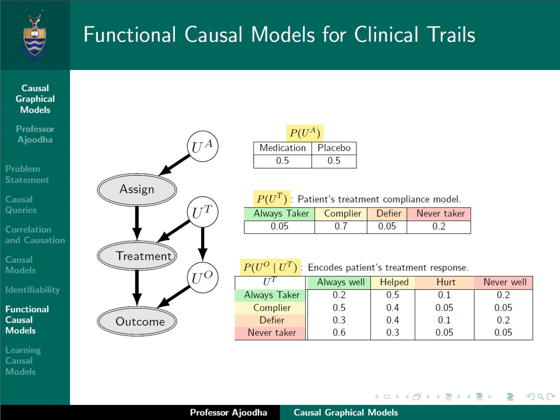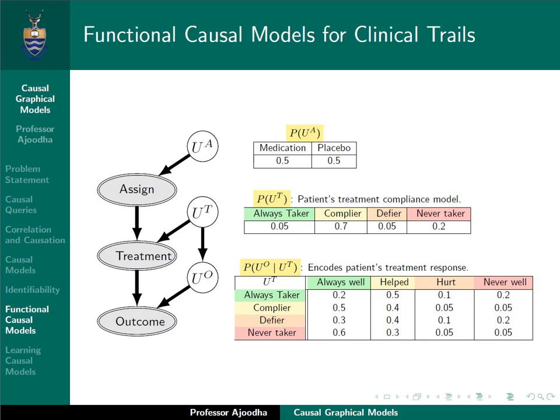And so you can see that this is much richer than a simple model that only asks whether the treatment and the outcome are correlated. Right? It's much more complicated. For example, a complier follows the assigned treatment. An always taker takes the treatment regardless of the assignment. A never taker refuses the treatment regardless of the assignment.